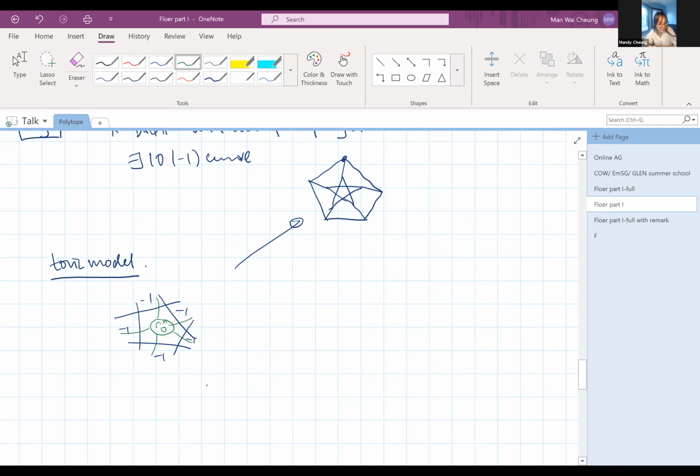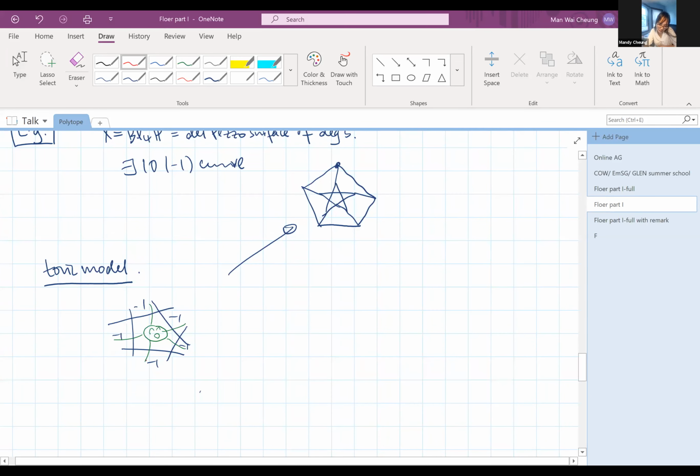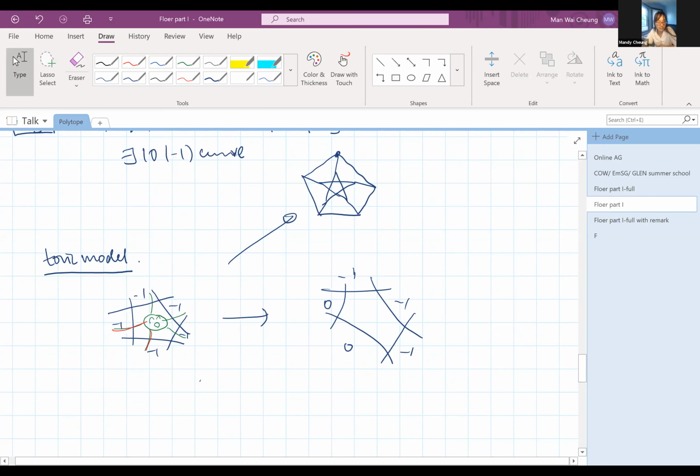But here what I want to do for the toric picture is I will blow down 2 of them. I always lose count at 5, so let me make sure I'm correct. 0, 0 here.